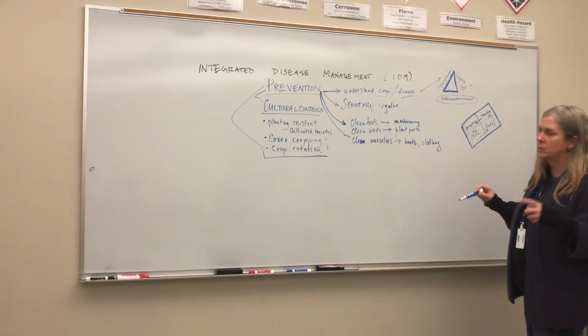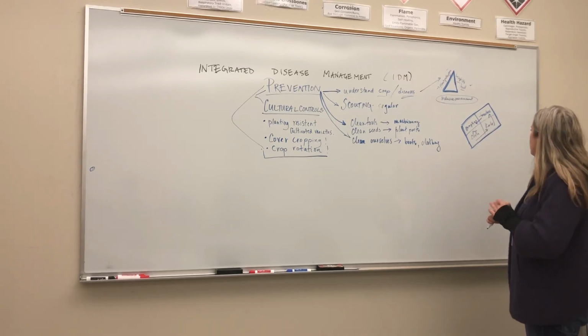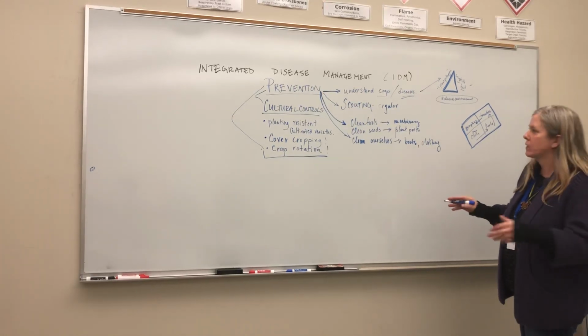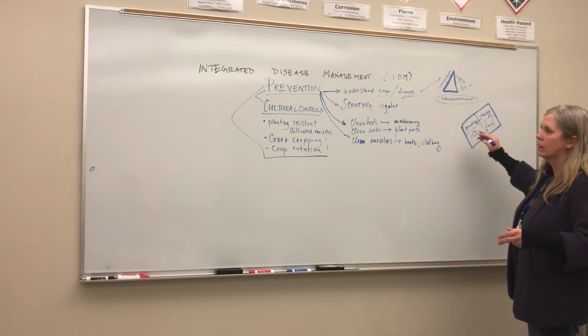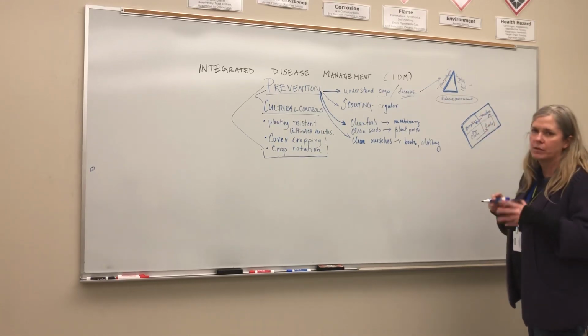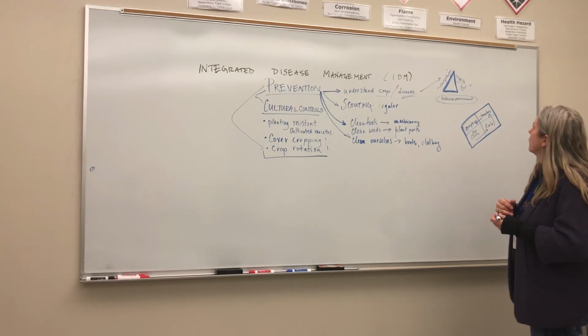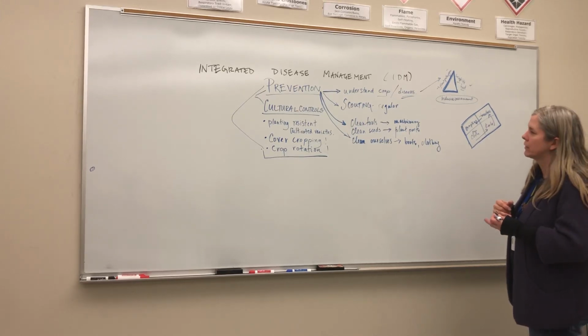There are a few exceptions to that, where there's certain fungal diseases that are more broad spectrum, but generally speaking, the diseases that we're dealing with are going to be very specific to the crops we're dealing with.